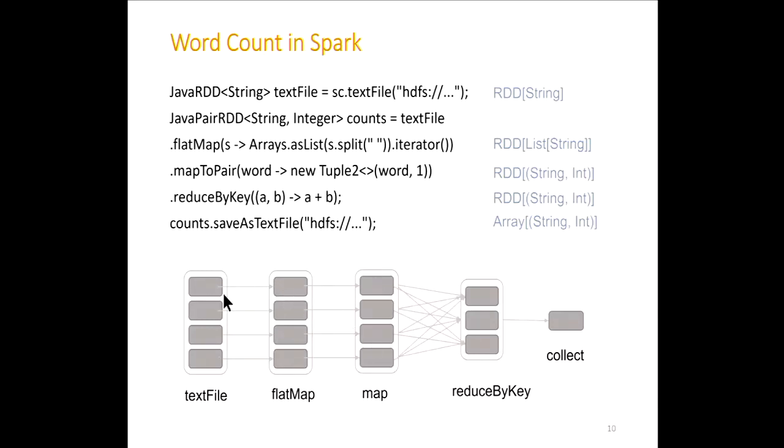As we can see, for each partition, the transformation occurs on that partition. When I'm applying the flat map transformation on this partition, I'm getting a new partition of the new RDD. So I do not need to know what's the result coming from the others. I apply this transformation on that partition of the RDD and get a new partition.